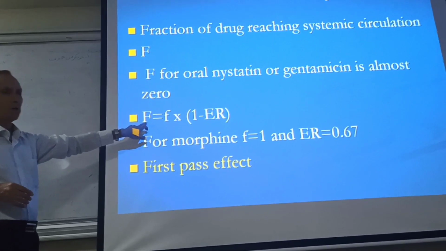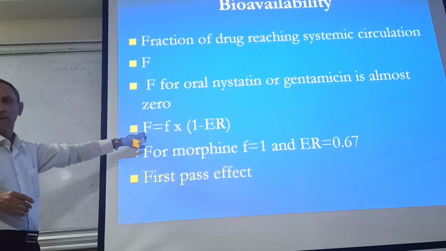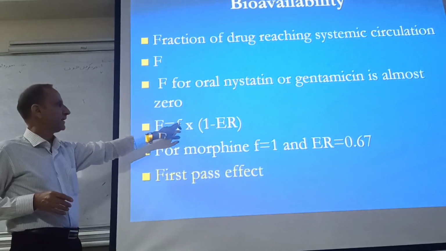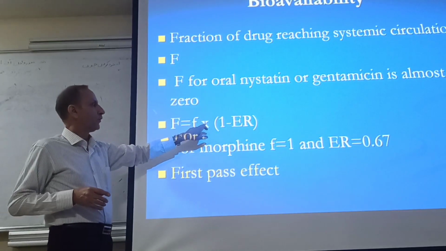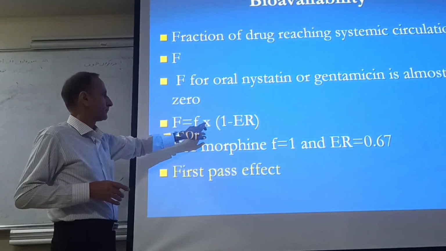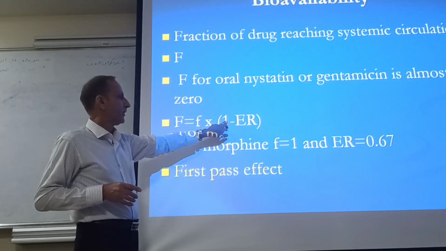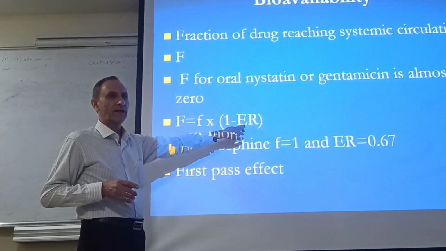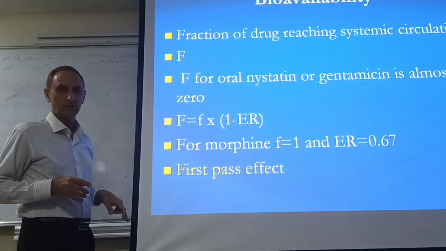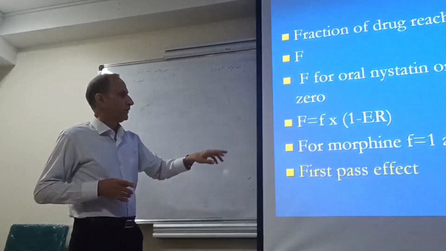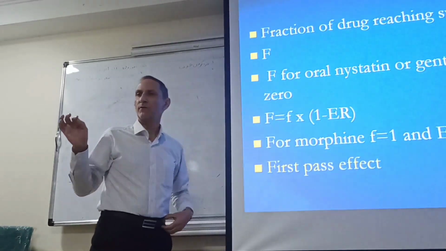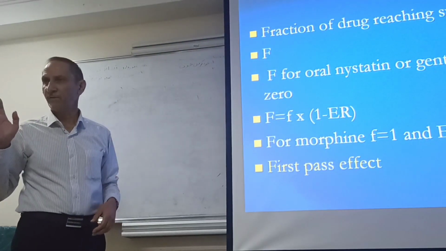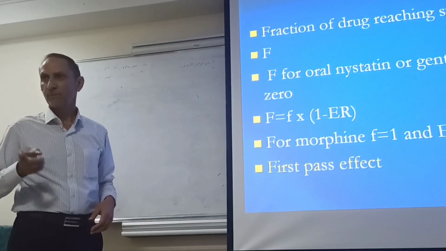Here we have a formula. Bioavailability equals a small f multiplied by 1 minus ER, or extraction ratio. A small f is the amount of drug that is absorbed, or the fraction that is absorbed.